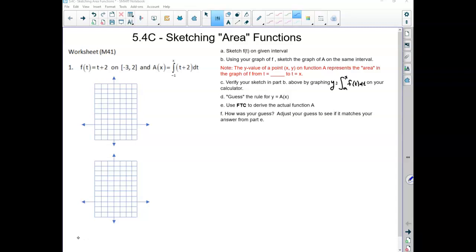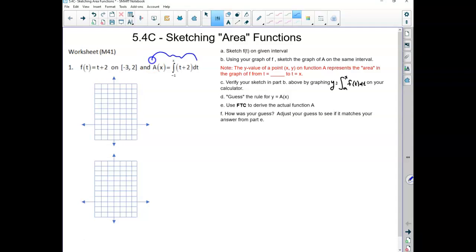5.4c, sketching area functions. Now, we have found area functions using the fundamental theorem. And now we're going to learn how to sketch an area function. Notice my area function here is a function defined as an integral.